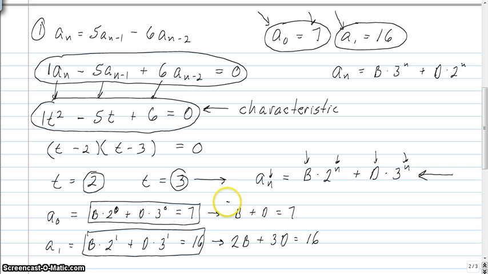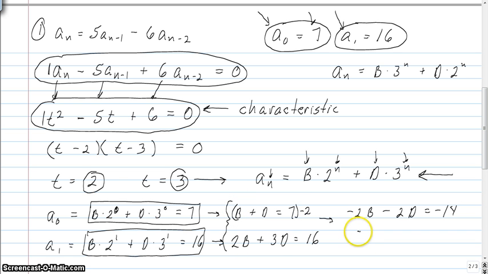And now I've got a system of two equations and two variables, and I'm going to solve that by elimination. I'm going to multiply this first equation by -2. Right, so I just multiplied this entire equation by -2.